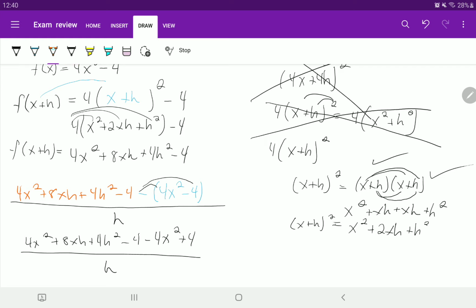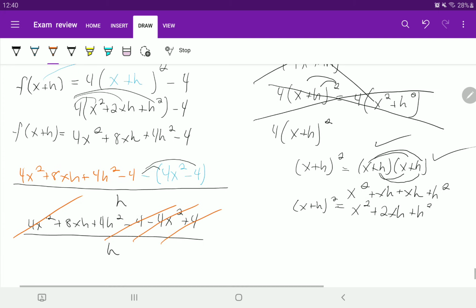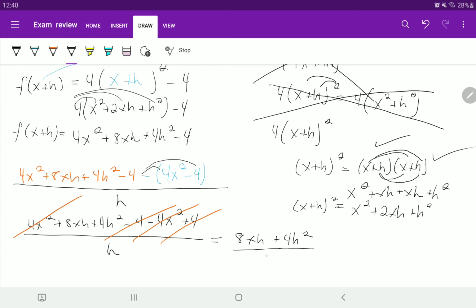To continue, we're going to combine like terms. 4x squared minus 4x squared, they cancel each other out. Sorry for my sloppy handwriting. The negative 4 and the positive 4 cancel each other out. So we're left with 8xh plus 4h squared divided by h.